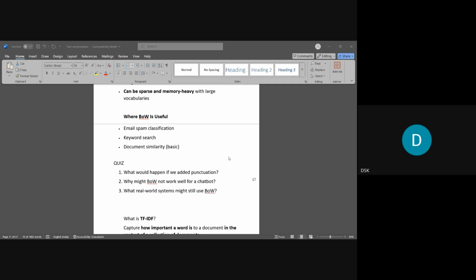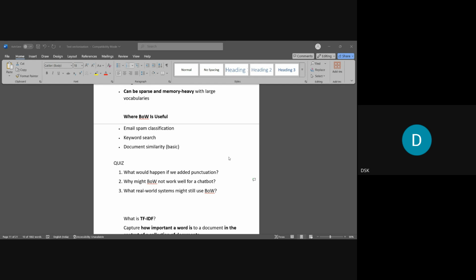So basically, there will be no understanding of word order because, as you know, bag of words ignores the sequence of words. For example, I am not happy and I am happy look very similar, even though their meanings are quite opposite. A chatbot needs to understand the context and the syntax, which bag of words cannot provide.